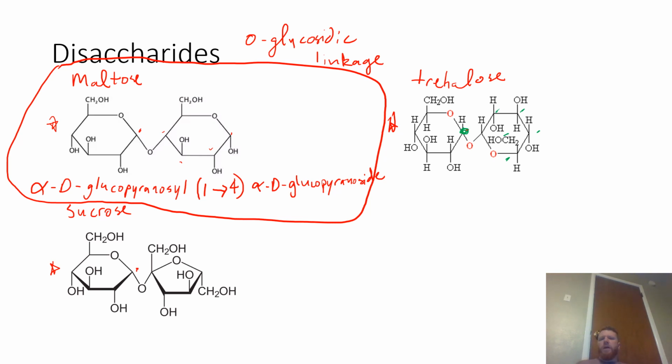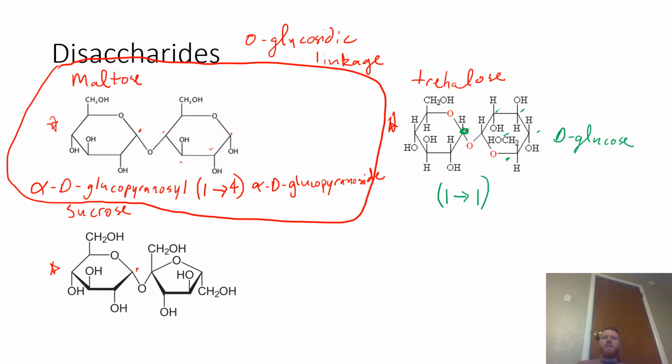So this is a hexose, and I'll let you know that this is also a D-glucose molecule. What we're looking at here is another disaccharide of glucose. The fundamental difference between these two molecules is that we have a linkage that is 1 to 1. The anomeric carbon of one glucose links to the anomeric carbon of the other through an O-glycosidic linkage.